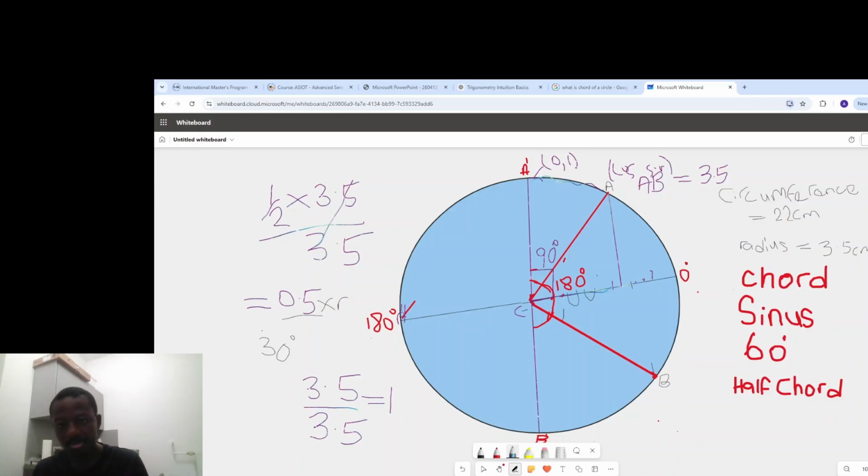That is how the concept of opposite over hypotenuse comes in.